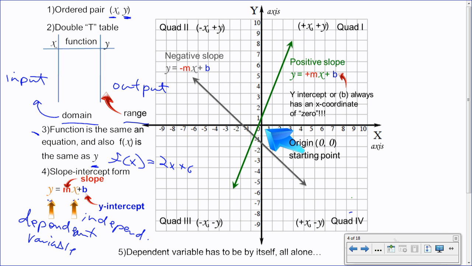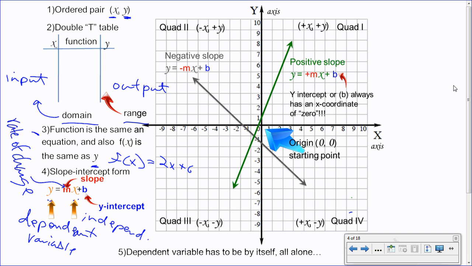Slope. What's another term that we use? Write this down. Rate of change is the same thing as slope, or M. A lot of times in word problems, they say the rate of change is this. That's your slope.